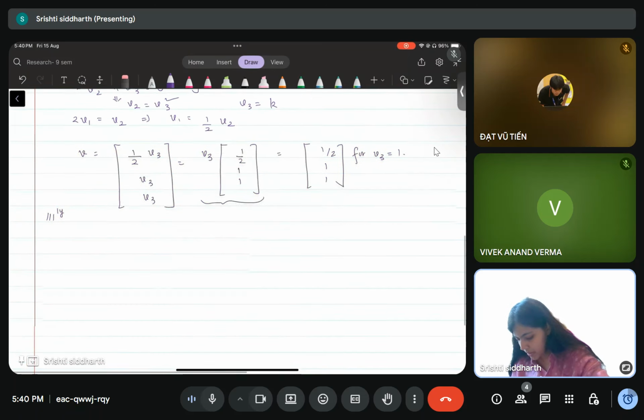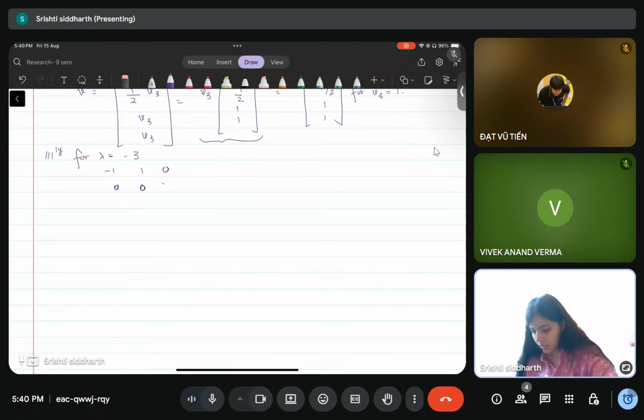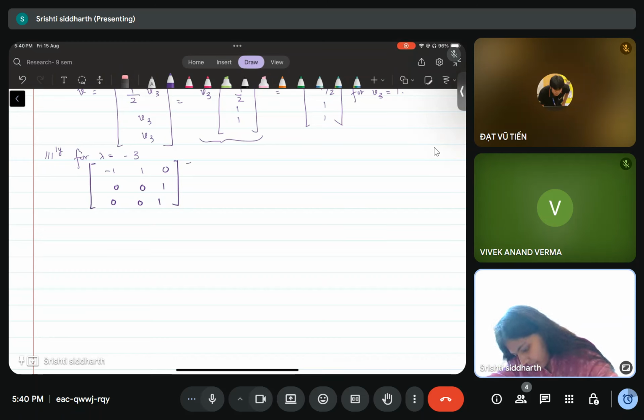For lambda equals -3, I'm going to write down A minus lambda I: -1, 1, 0; 0, 0, 1; and 0, 0, 1, operating on V1, V2, V3 equals 0.